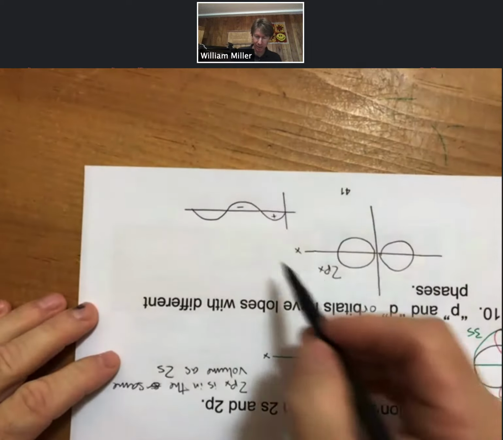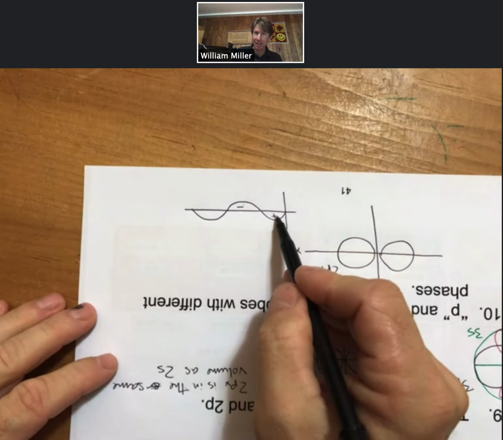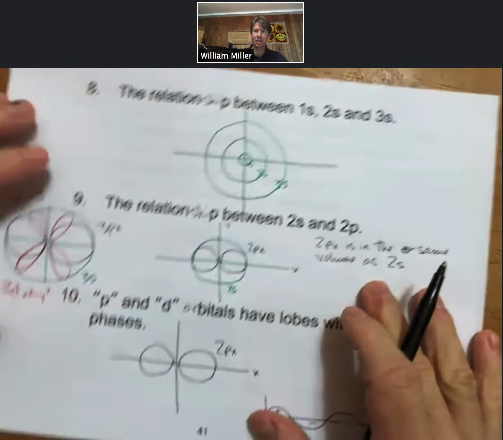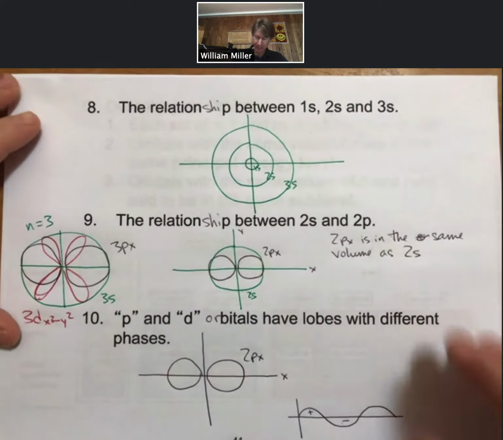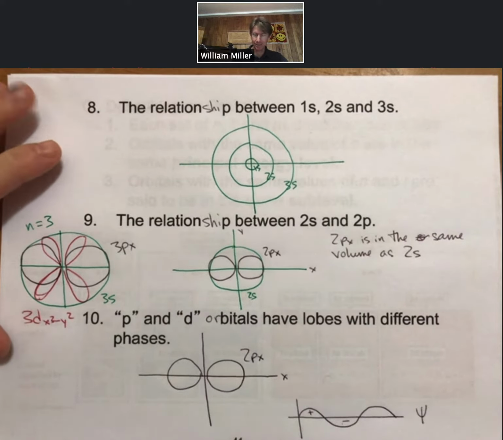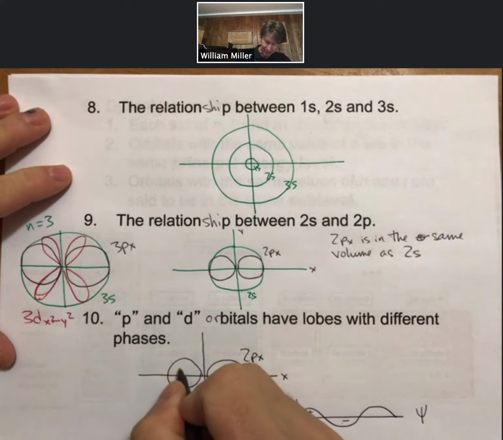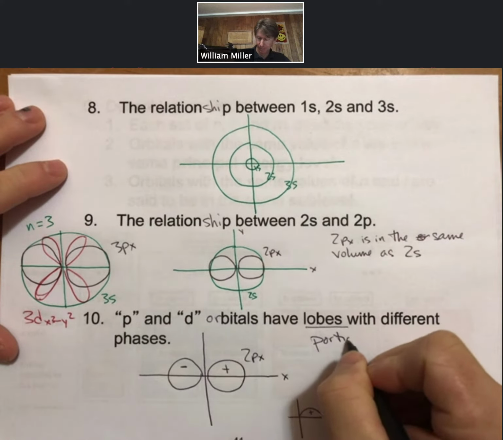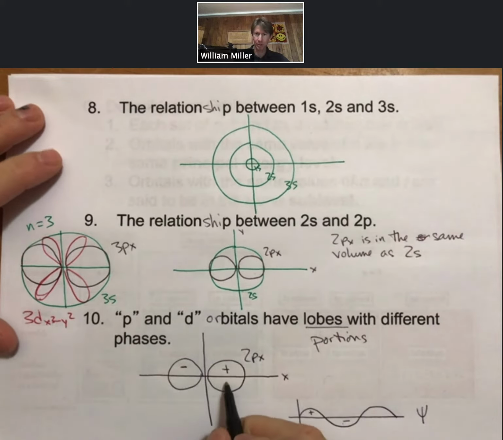If we turn the wave upside down, then we could also call this positive and this negative. From that standpoint, all we're saying is there are different parts to this wave function when we're talking about psi. There will be positive and negative lobes or portions of orbitals.